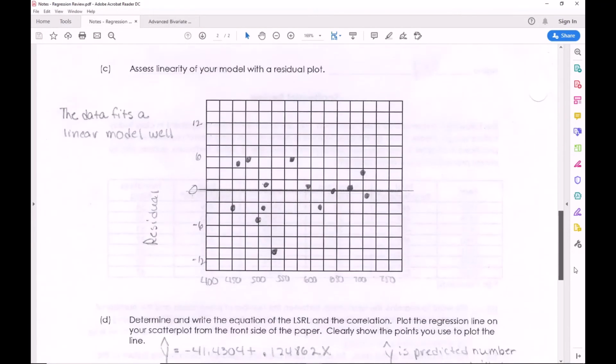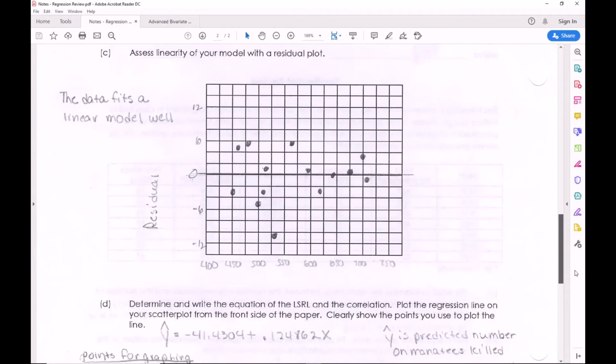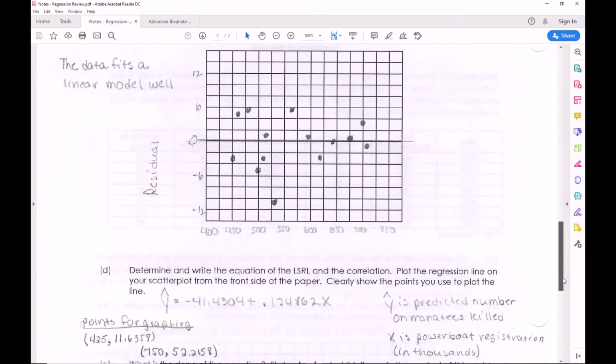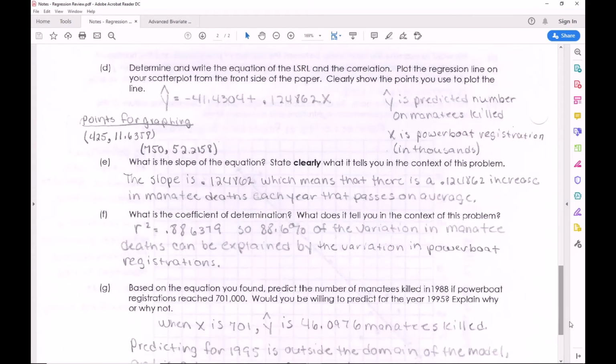They do ask for a residual plot, but since we have other things that we can do ahead of that, let's do those first. All right, your LSRL, there it is. I just copied it down. Remember, it's Y hat, so it's predicted manatee deaths based on this relationship with your input being powerboat registrations in the thousands.